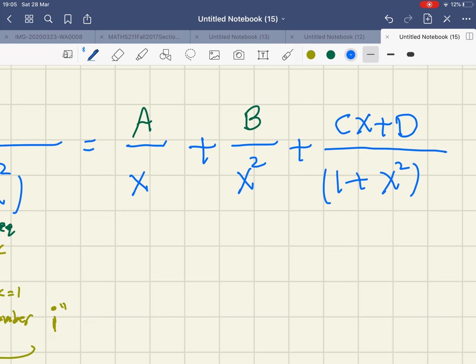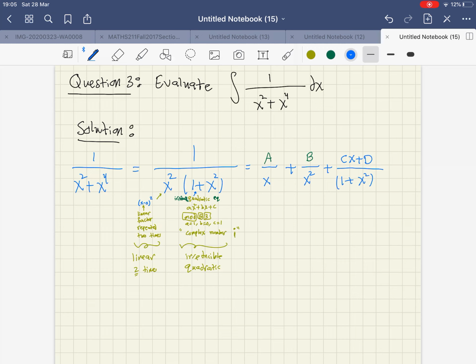So this is how we do the partial fraction for this question. It is as simple as this. And now the next step is we need to find the constants, and then we need to do the integration.